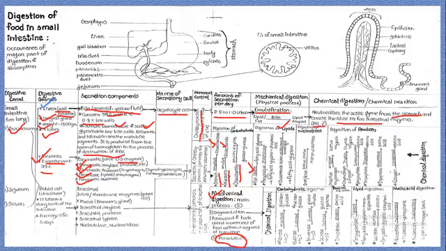Then phospholipid, in the presence of phospholipase, is transferred into fatty acid and phosphoric acid. Then cholesterol, by the cholesterase enzyme, is transferred into fatty acid and glycerol. Okay, and here we see the lipase action.